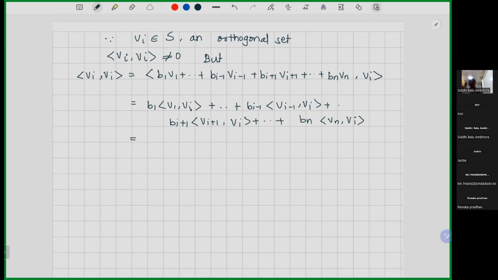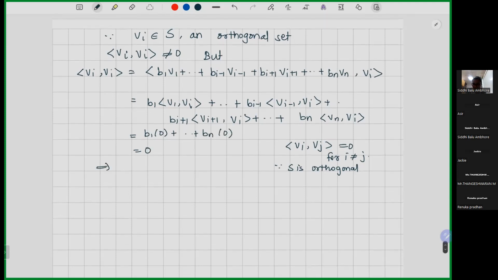But none of them has index equal to i, and since S is an orthogonal set, vi comma vj is 0 for i not equal to j. So this becomes b1 into 0, and so on up to bn into 0, which is 0.